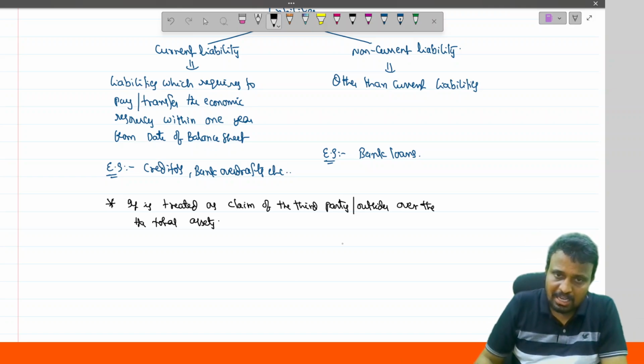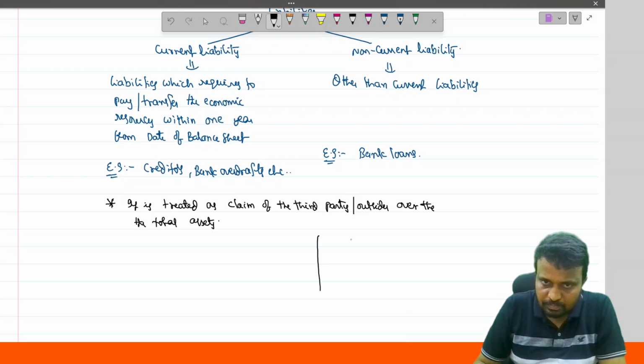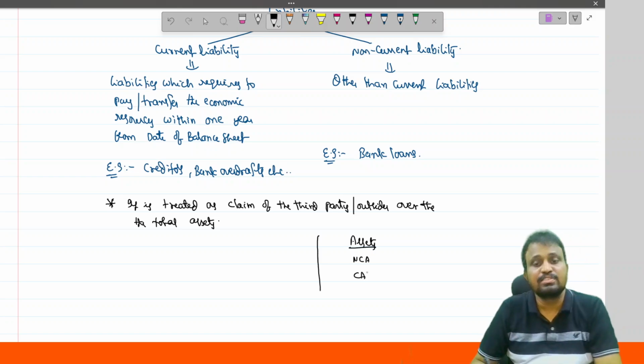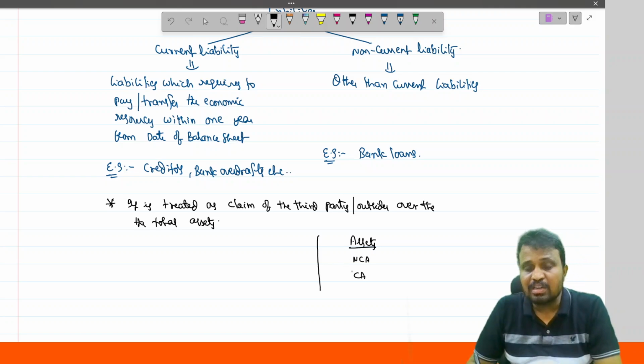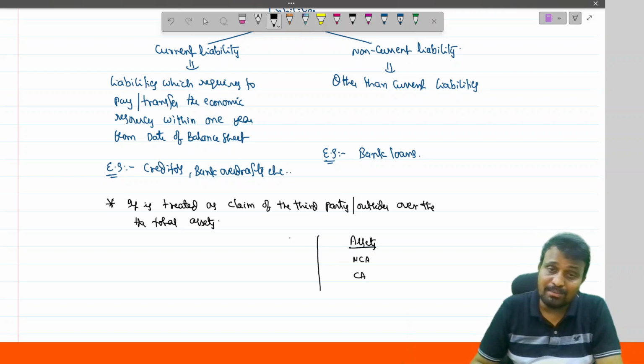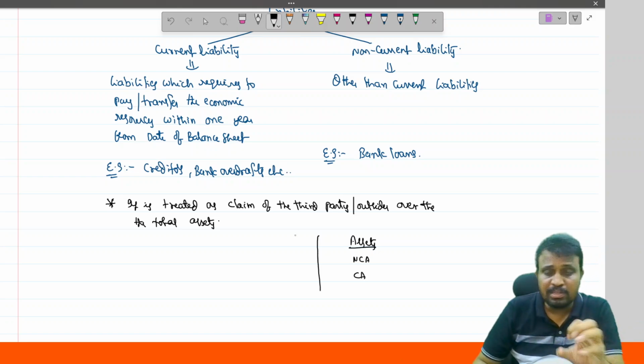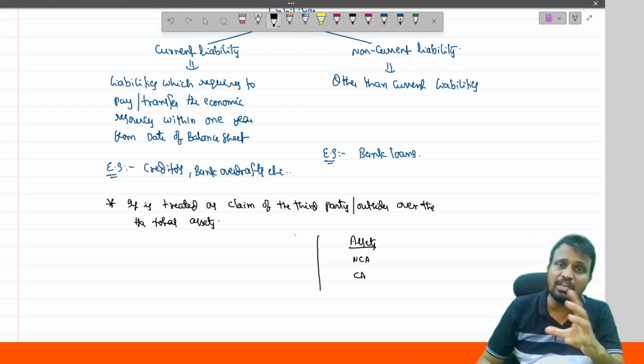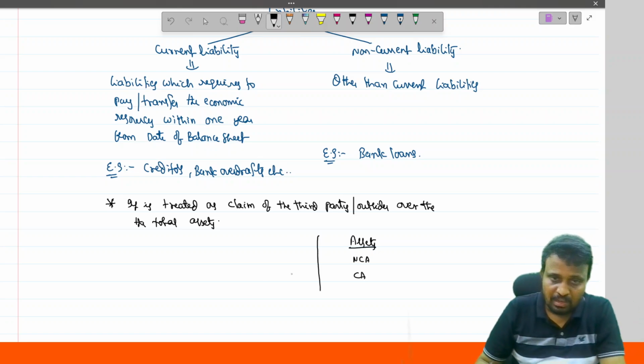For example, we have the assets, non-current assets and current assets, and these assets are used for settlement of the outside liabilities, if any we have.